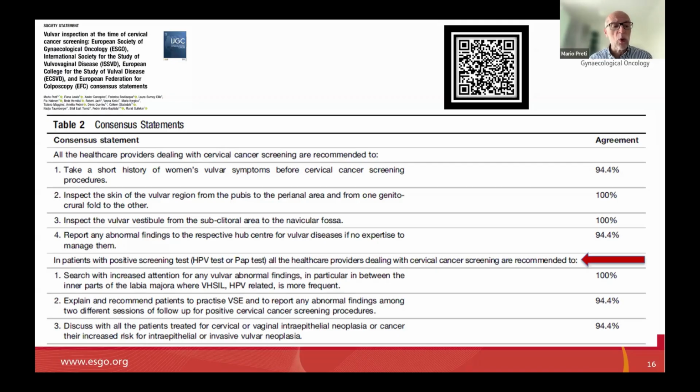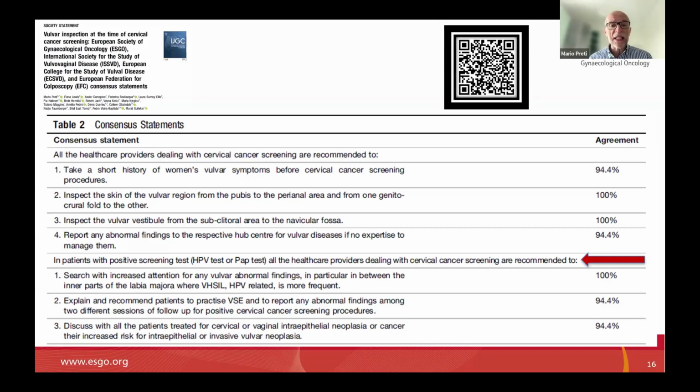But it's important to explain and recommend how to practice vulvar self-examination and discuss with all patients treated for cervical or vaginal intraepithelial neoplasia or cancer the increased risk for intraepithelial or invasive vulvar neoplasia.